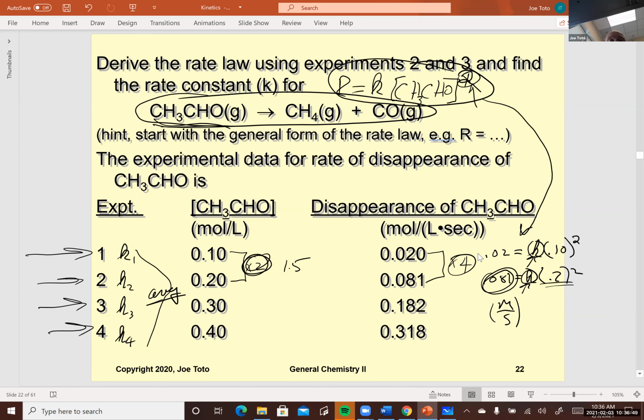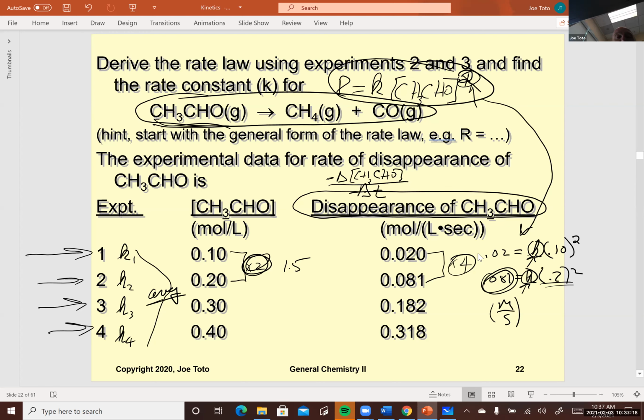One thing I didn't mention here is they have a column called the disappearance of CH3CHO. So that would be minus the change in the concentration of CH3CHO over time.